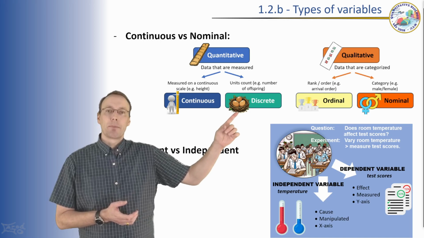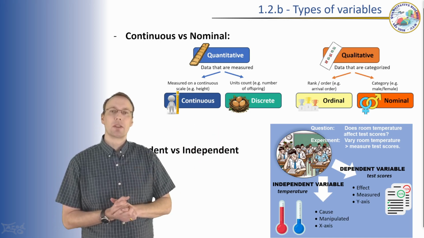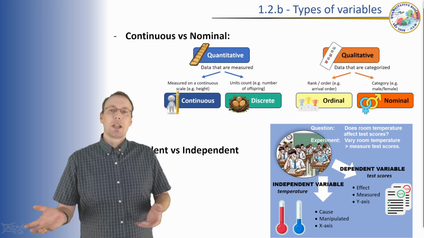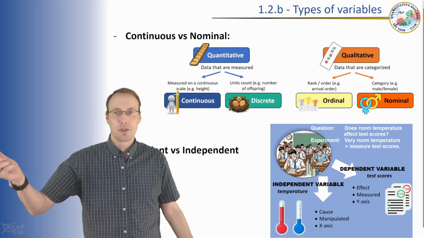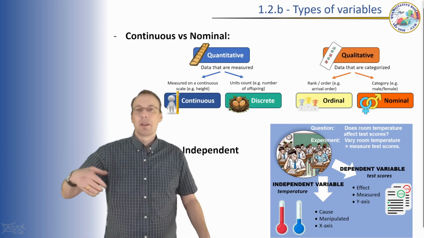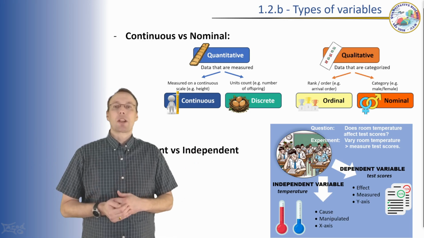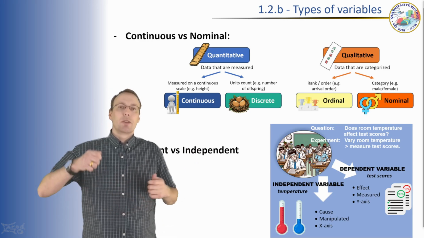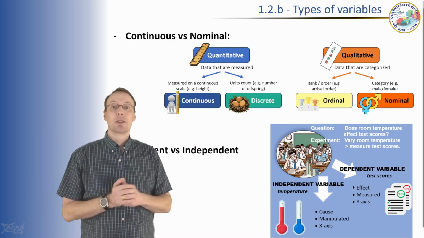And the discrete, it's basically a special case of continuous, because you can imagine that if you measure height, well, what's the resolution you're going to use? Are you going to use millimeters or fraction of inches? Or are you using whole inches, or is it whole like miles or kilometers?